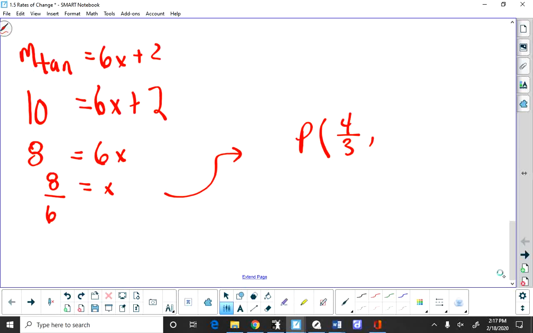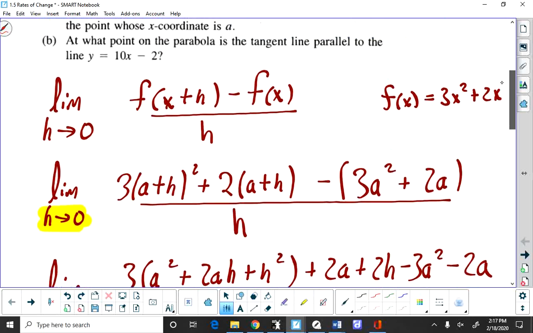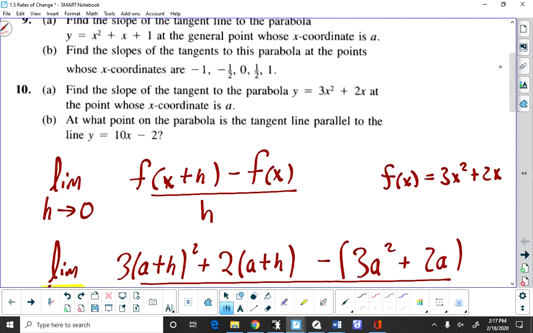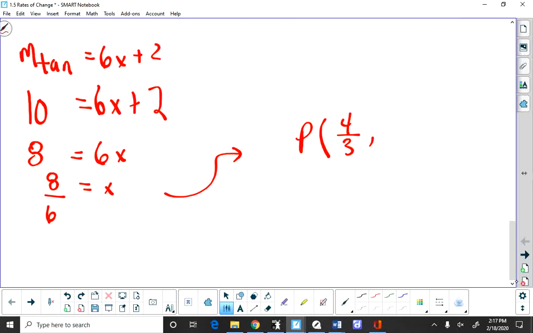In fact, I should probably look and see how it's worded. That's a little ambiguous. At what point? I could answer it by saying at the point where x equals 4/3, but I would be better off putting 4/3 into this function and getting, I think, 8 for a y-coordinate. Is that right? Okay. Does that answer it, Malia?